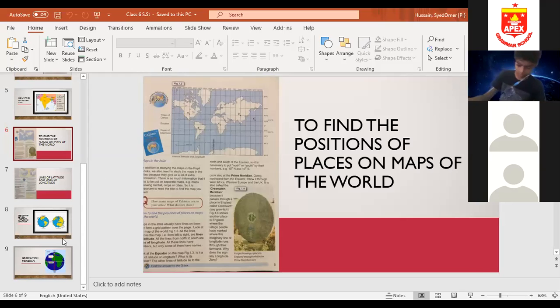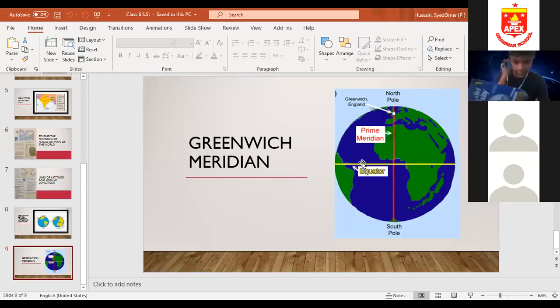I want to show you this one. This is called Greenwich. Now this prime meridian is running along the line of longitude. As you can see, it is stretching from the south pole towards the north pole. It is running at the 0 degree line of longitude, and there is a place on the prime meridian.